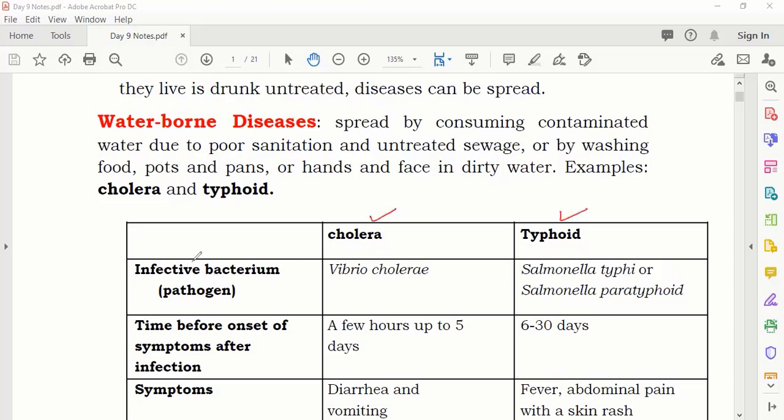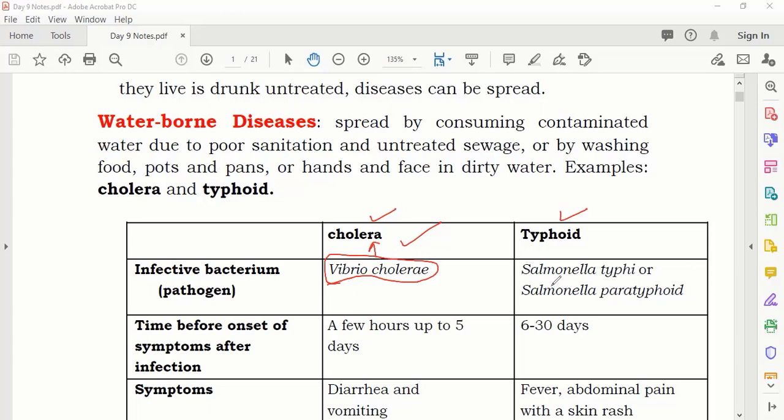First of all, we will discuss the bacterium which is responsible for each disease. For example, for cholera, you will find Vibrio cholerae. This is the bacterium which causes cholera.